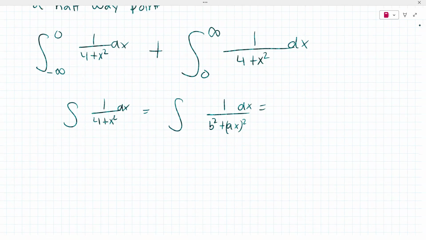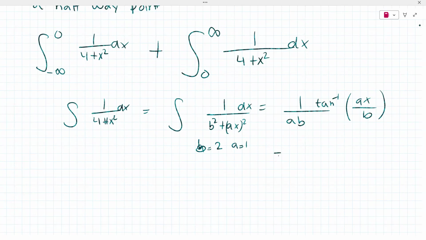That's the arctangent, which is 1 over ab times tan inverse of ax over b. So what would be our b? What number squared gives you 4? That would be 2. And what would be a? This has an invisible 1, so what number squared gives you 1? 1. So my b is 2 and my a is 1.